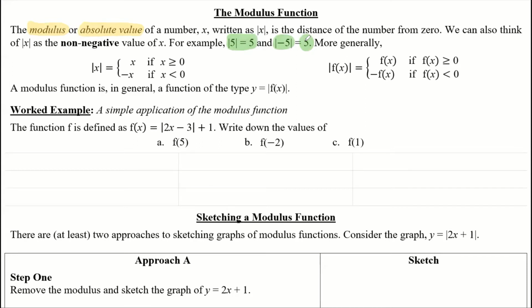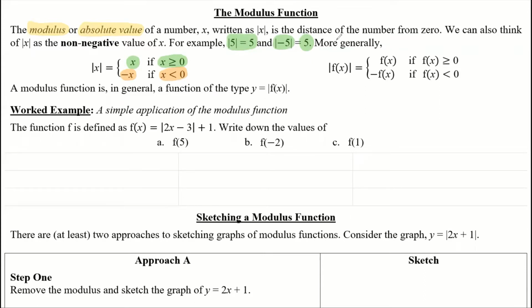It's a combination of two different straight line graphs. And you can see that here because we have two conditions. If x is greater than 0, the modulus function will just simply return the value of x with no changes. However, if x is less than 0, as you can see here, the modulus function will change its sign by multiplying it by -1.